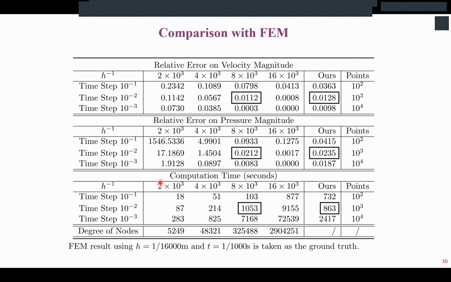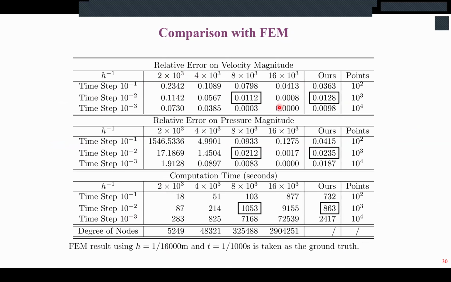Here are the quantitative results. Each column represents the relative errors given a specific mesh resolution, and each row corresponds to a time step. You can see in this entry the relative error is 0.